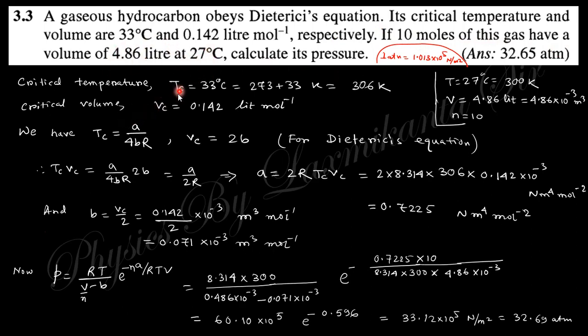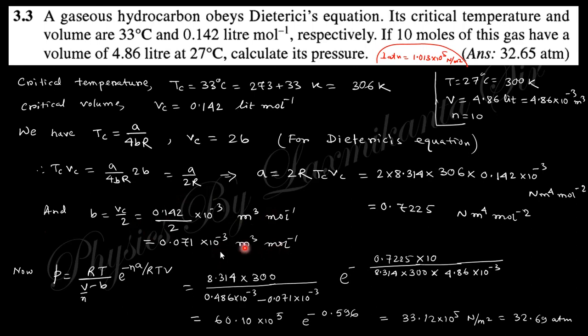So critical temperature and critical volume are given, and this equation we discussed in the previous lecture, the Tc and Vc are like that. So using these two equations, you can find the values of a and b. You can see here this is R and Tc equals like that, and Vc equals this, liter converted into meter cubed, that's why 10 to the power minus 3.